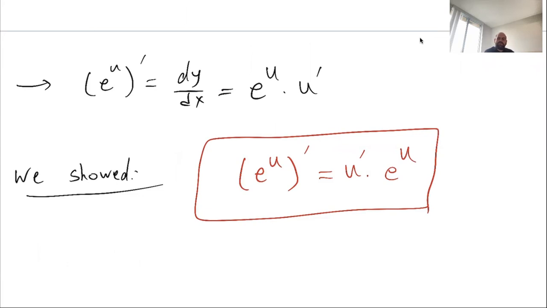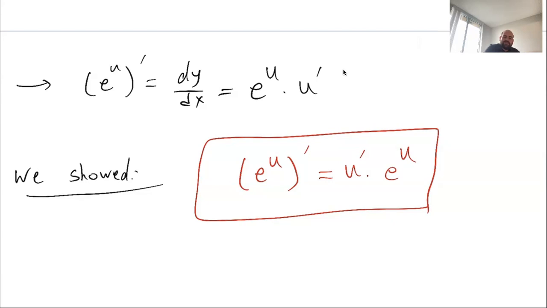Again, similar to before: the derivative of e to the x is e to the x. Now for e to the u, you would say e to the u, but by the chain rule you have to multiply it with u prime. Multiplying with u prime is the most important thing to remember. We will have a similar rule for sine u.